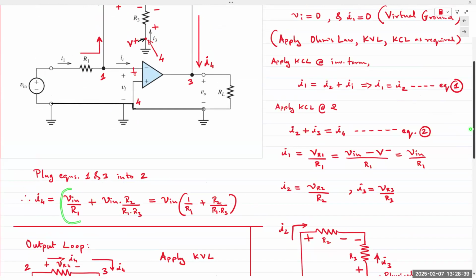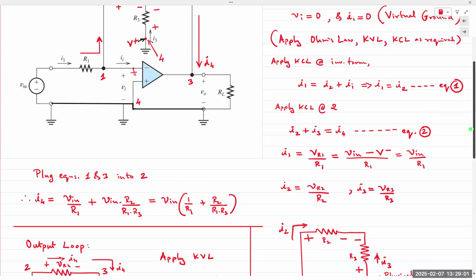I4 is I1, V in over R1, plus I3. And so we can get V in times 1 over R1 plus R2 over R1 times R3. We still don't have V out.